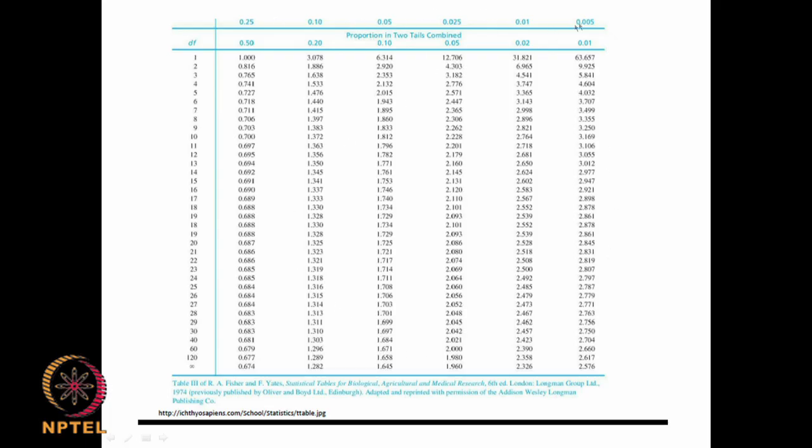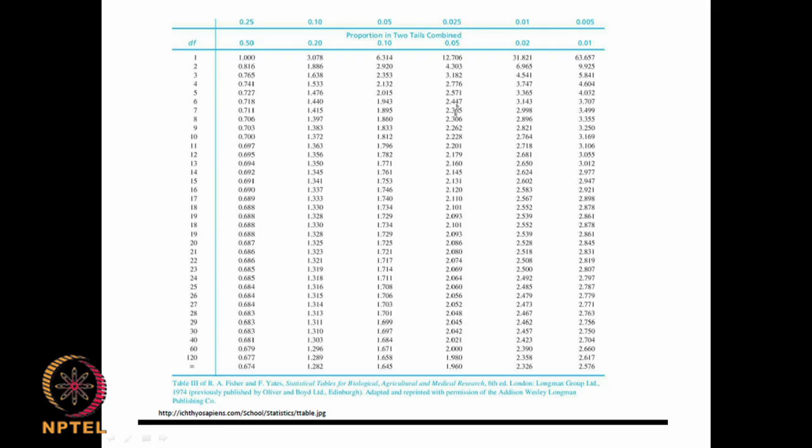This top portion is related to the one tail, the bottom portion is related to two tail. So when we say one tail 0.05, you have to read this column. If you say two tail 0.05, you have to read this column, please remember that. So what is the relationship between two tail and one tail? For two tail the total is 0.05, so each side will be 0.025.